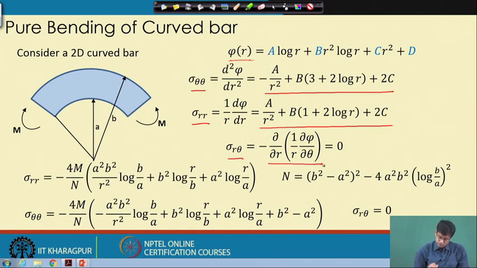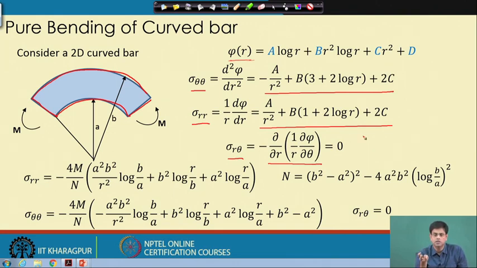Now, what we did, we used the three boundary conditions that we have seen. On the radial convex side there is no normal force, and on these two sides there is no force generated, only a couple acted, and for sigma r theta there is no tangential force.